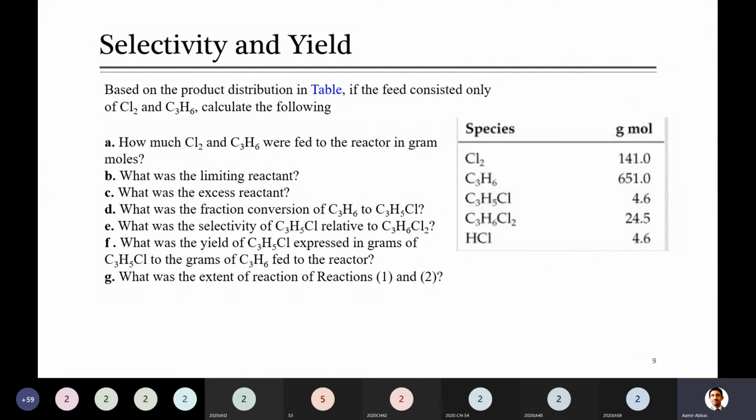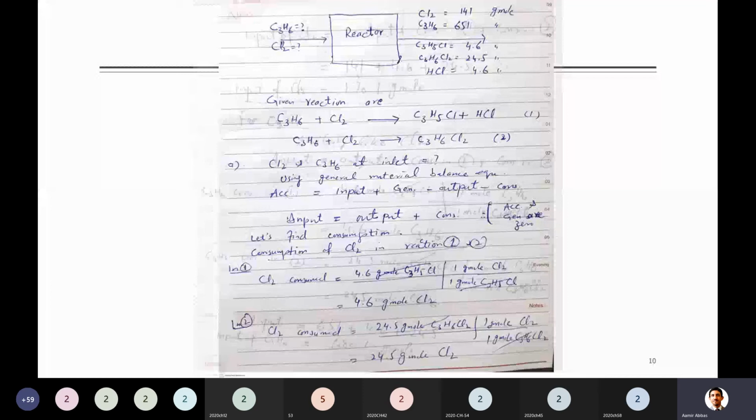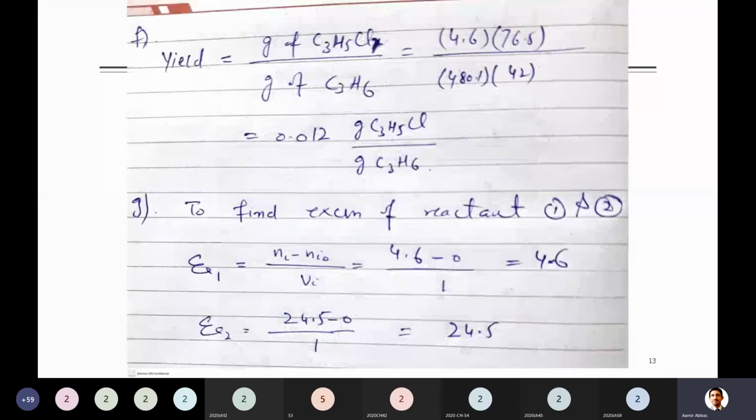But here he has asked you to find the moles of product, C3H5Cl, produced with respect to the excess reactant, because C3H6 is the excess reactant. And he asks that instead of moles, you use the unit of gram. So the yield you have to calculate is, first of all, moles of C3H5Cl to moles of C3H6.